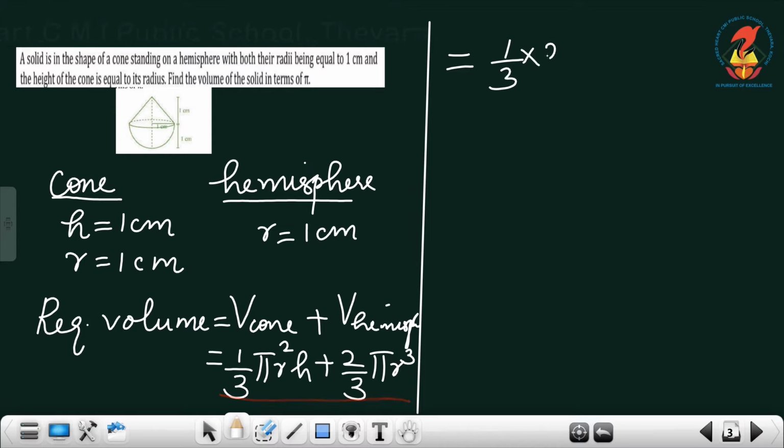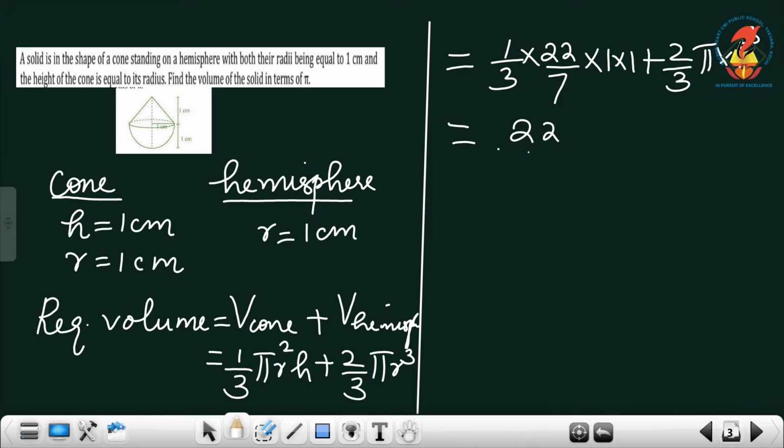1 by 3 into pi into r is 1, h is also 1. So 1 into 1 plus 2 by 3 pi into 1 cube.